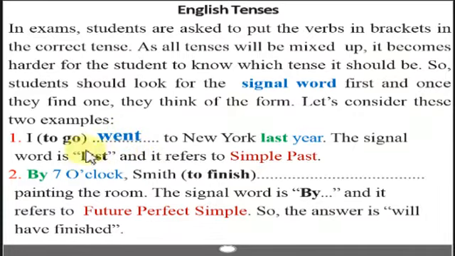Okay, I went to New York last year. لان عندنا last year بالتالي سنصرفوا في simple past.